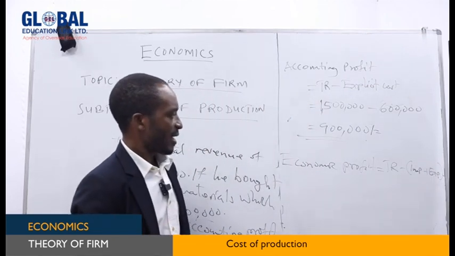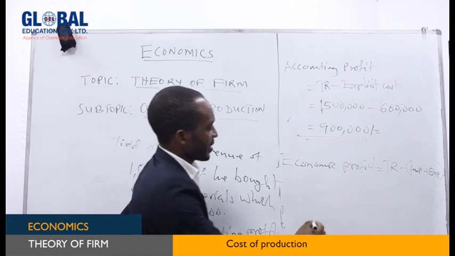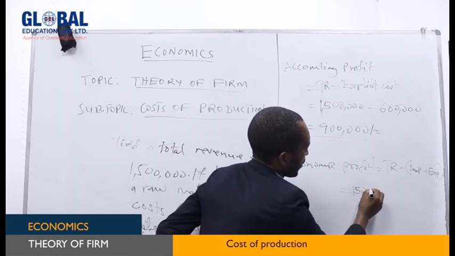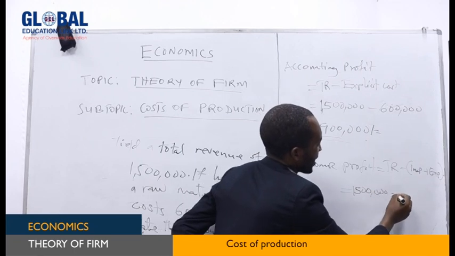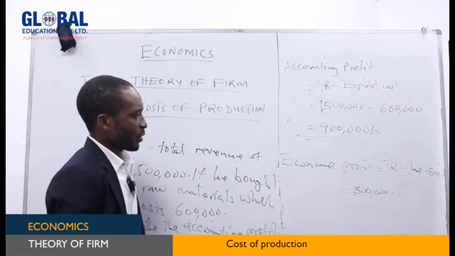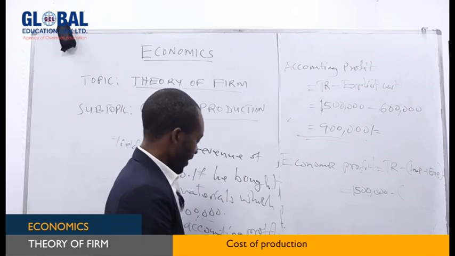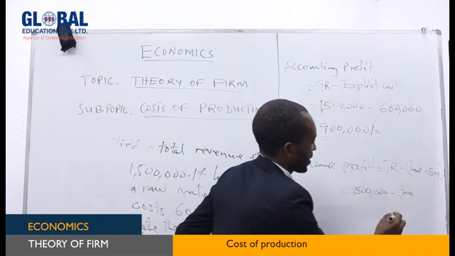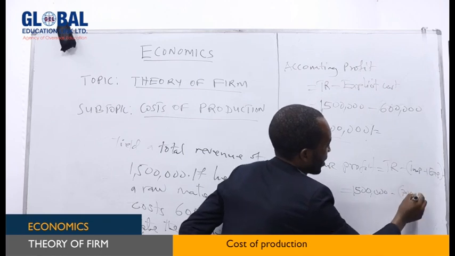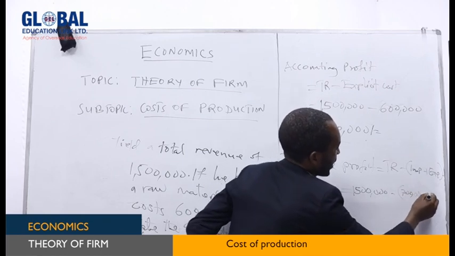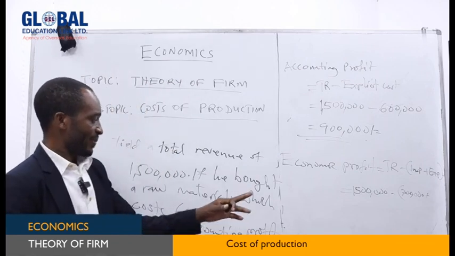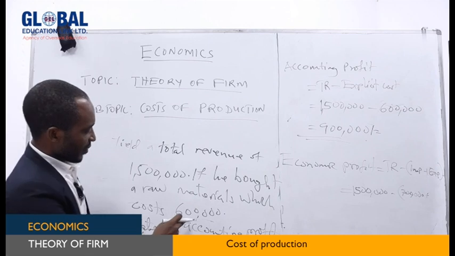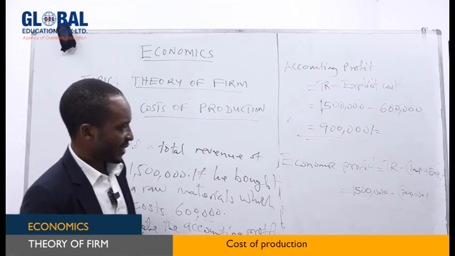Our total revenue is 1,500,000 minus implicit cost we are given, which is 700,000, then plus the explicit cost, which is 600,000.